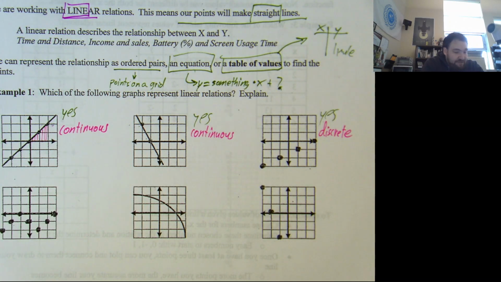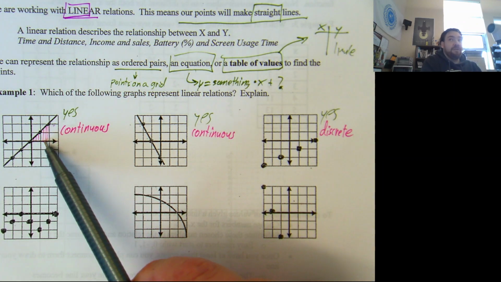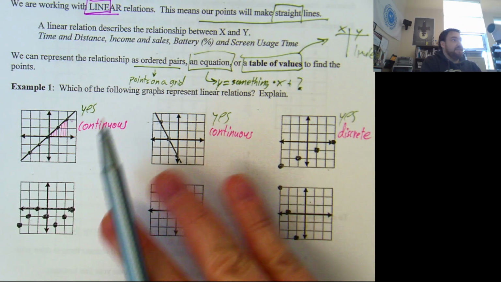For example, let's create a relationship between X and Y. Let's say that Y represents, ignoring these grids, the number of slices of pizza you order and your cost. Are you allowed to have any fractional amount of slices of pizza?